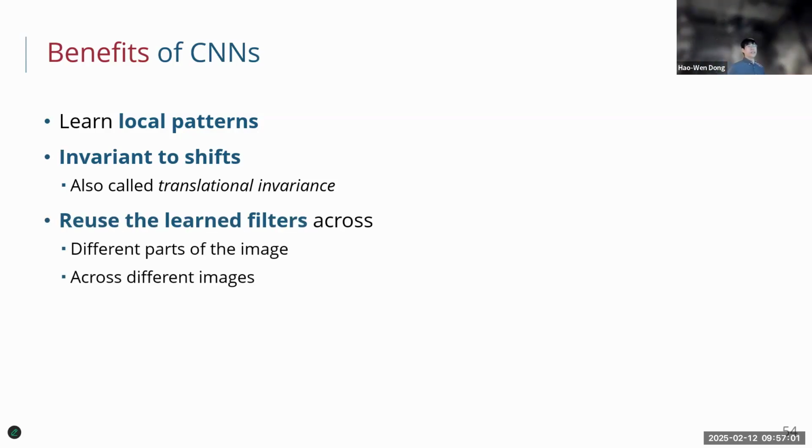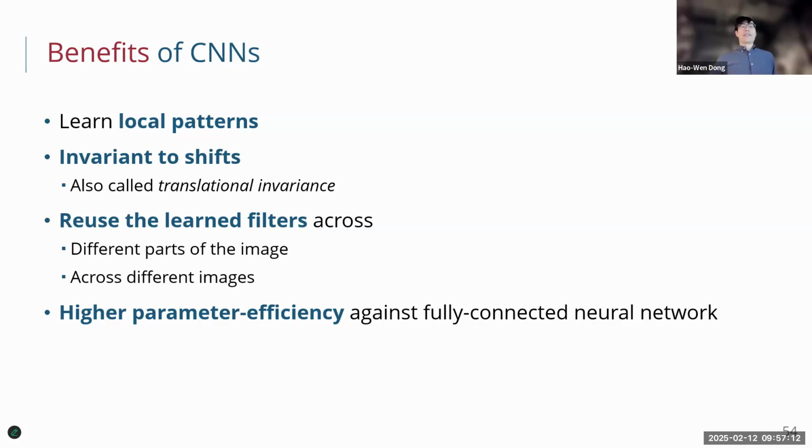So the idea of CNN is that we are reusing the learned filters across different parts of the image and across different images. And finally, that's important because it achieves higher parameter efficiency compared to a fully connected neural network.